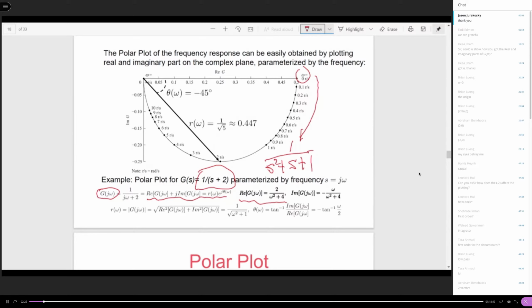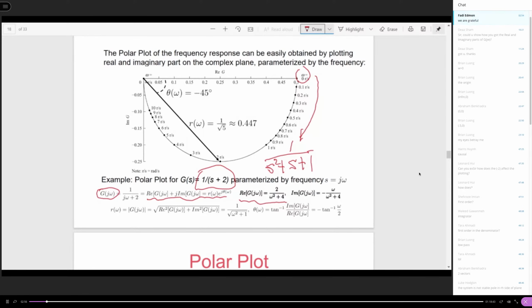And back 30 years ago, when I was an undergraduate student taking the class, we did not have MATLAB at that time. You guys realize how convenient you have it. Now you take it for granted. You say, oh yeah, I have MATLAB. But remember, 30 years ago, we did not have MATLAB software, but we still needed to draw this plot. You see what I mean? So you can imagine how complicated it was.